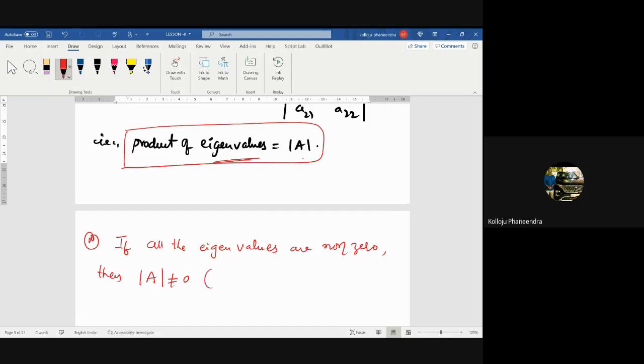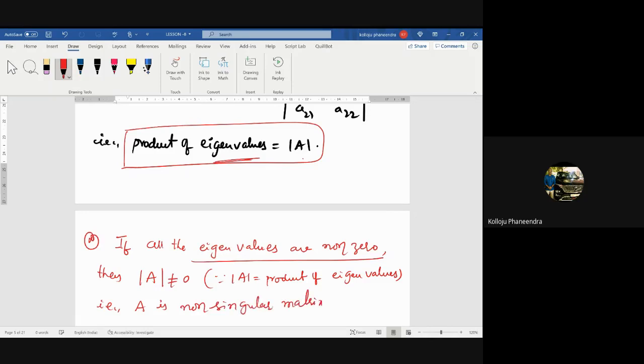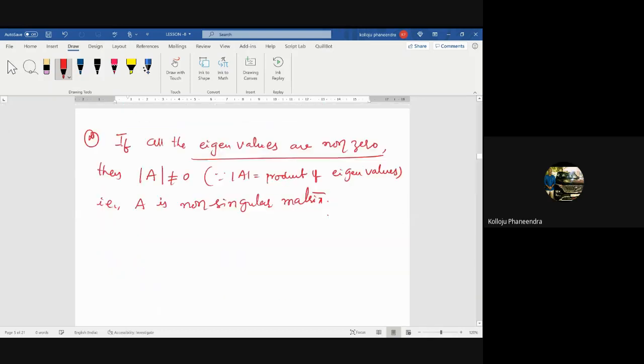Why? Since det A equals the product of eigenvalues. If all the eigenvalues are non-zero, then det A is not equal to 0, which means A is a non-singular matrix.